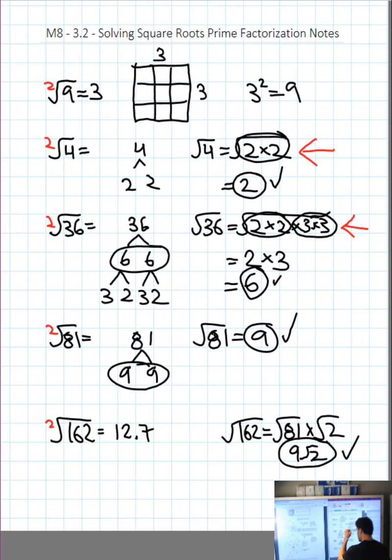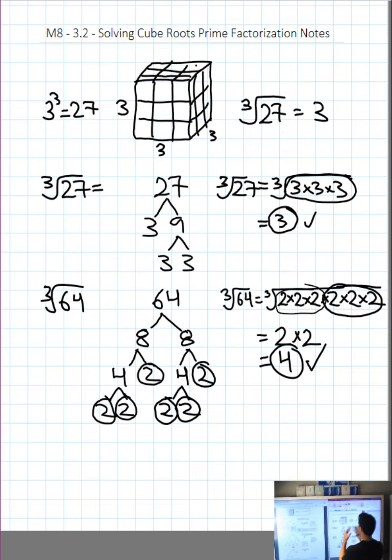So again, keep in mind, use your calculator to check the answer and have a good foundation about the definition of a square root, the side lengths of a square with that area, or vice versa. The area would be the side length squared, and the foundation of a cube.